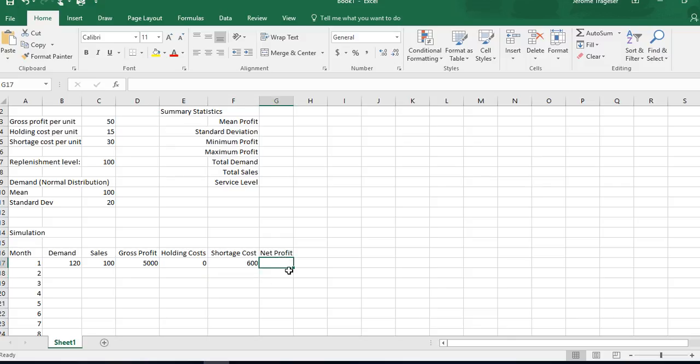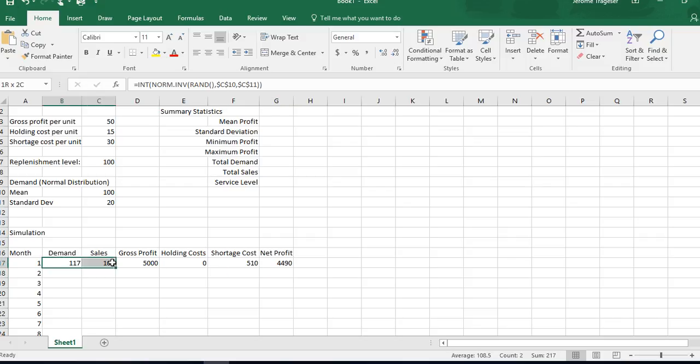So net profit equals our gross profit per unit, that is absolute. Our gross profit is what we have right here with our demand, less our holding cost, less our shortage cost. So in this scenario, our net profit was $4,490.